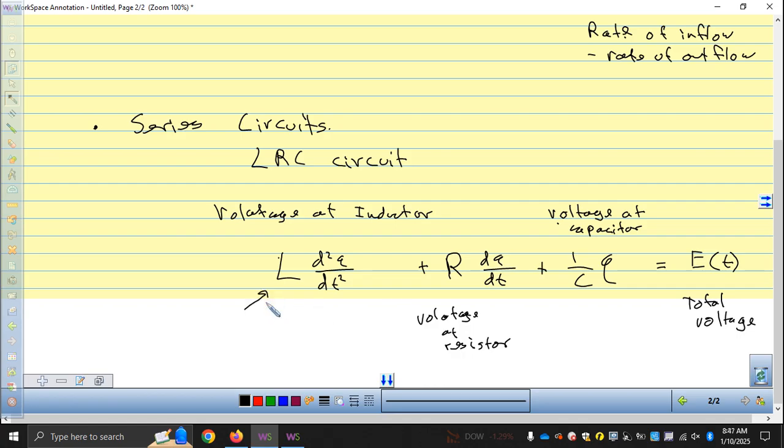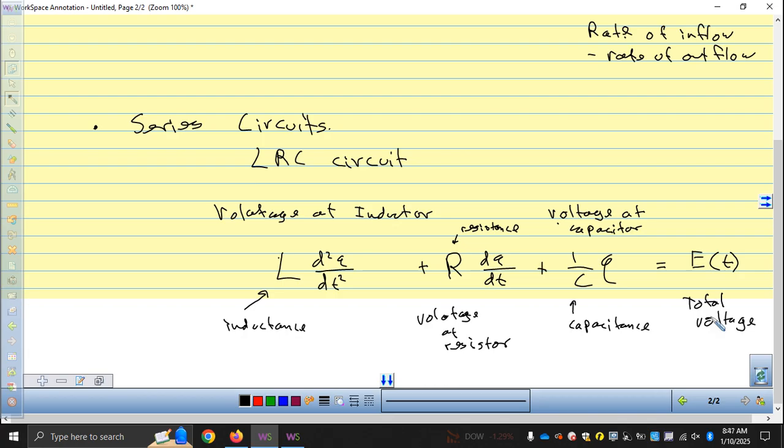L is called the inductance. R is the resistance. And C is the capacitance. So this is a very typical differential equation that shows up in physics and engineering.